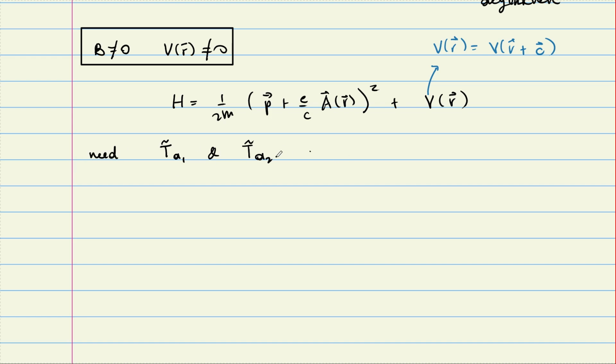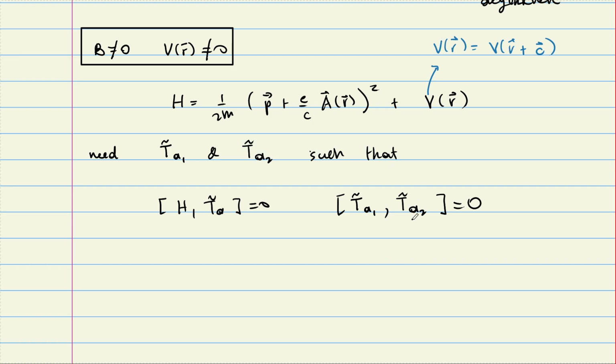Because we are in 2D, I need at least two of these, such that they should commute with H, first of all. H and T tilde A's should commute, and they should also commute with each other, if A1 and A2 are different.